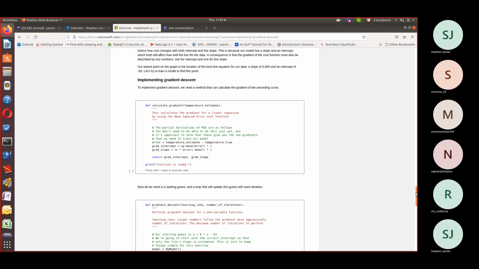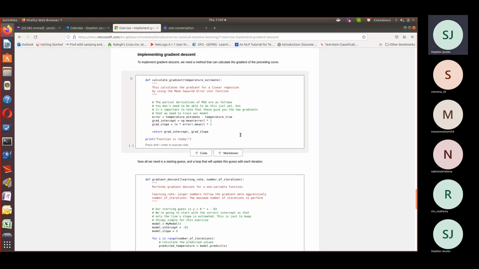This calculates the gradient for a linear regression by using the mean squared error cost function, which we've done. So that's what we're looking at here, the mean squared error.